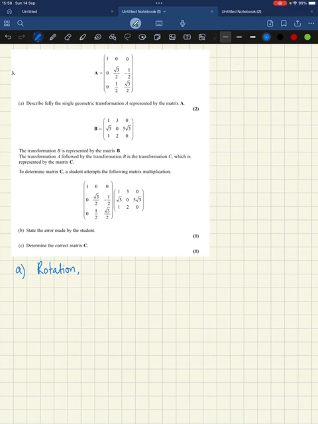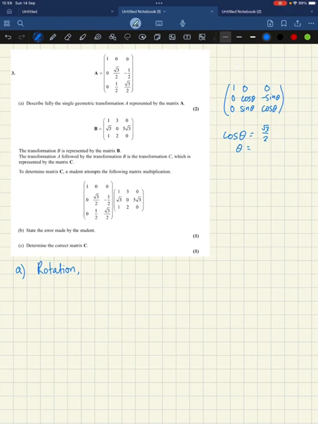Okay, let's put the amount first, so theta. The matrix for a rotation around the x-axis is 1, 0, 0, 0, cos theta, sine theta, 0, minus sine theta, cos theta. Now we can plug in any one of those, so we'll just do cos theta equals root 3 over 2.